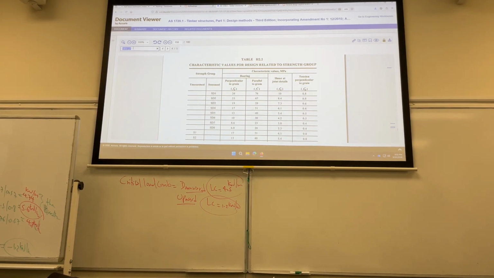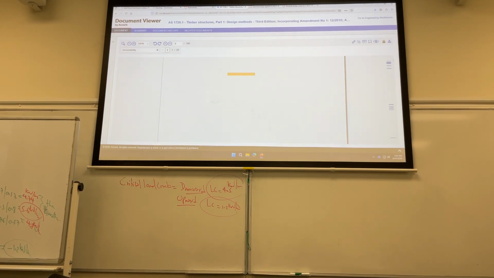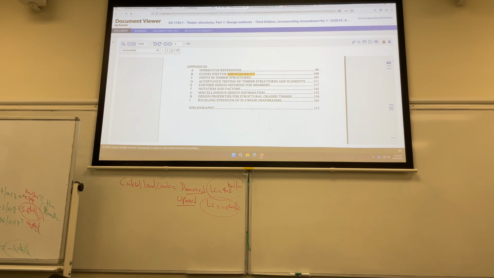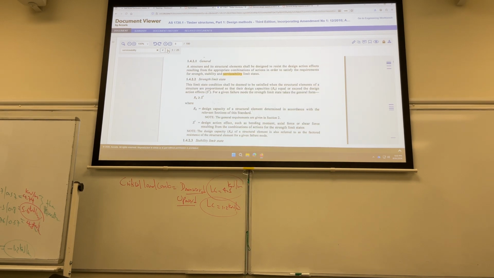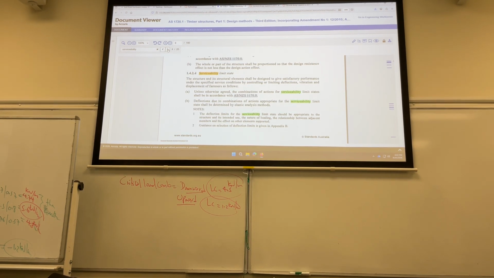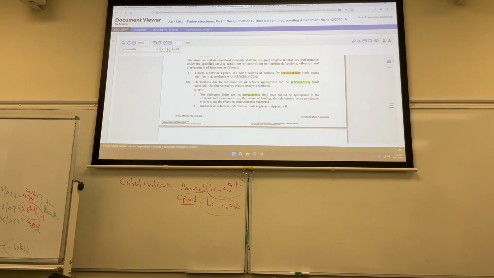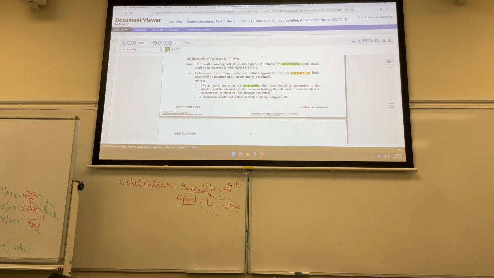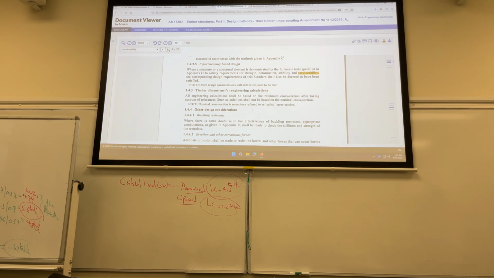For stability load combination, the question sheet doesn't even say what it is. 4.3. Yeah, search up 4.3. Keep going.